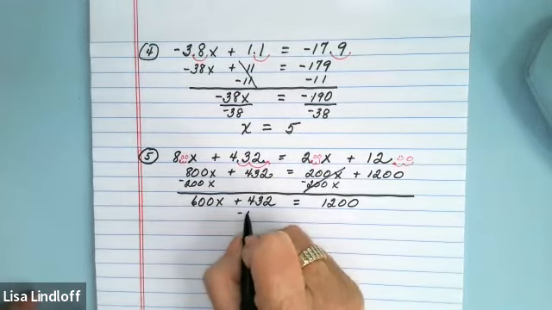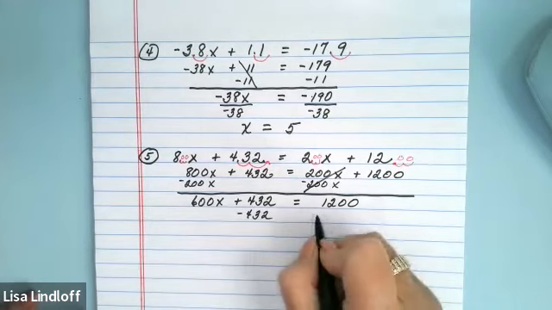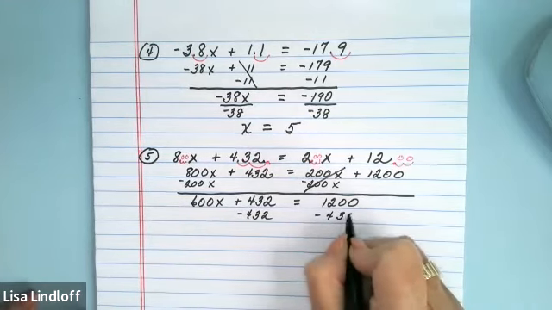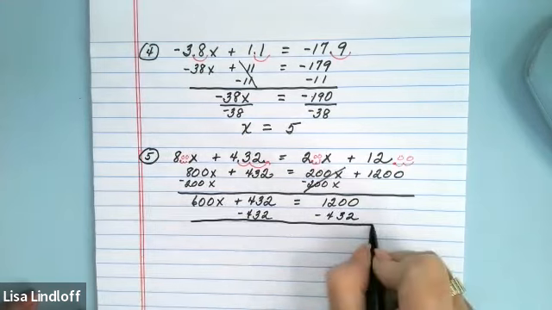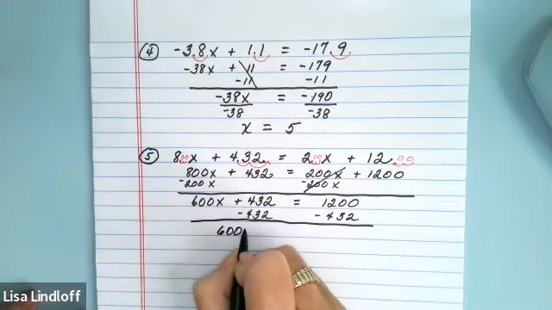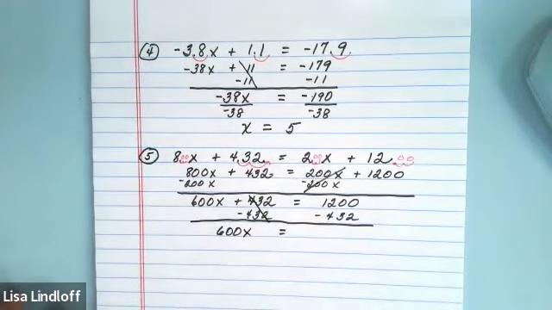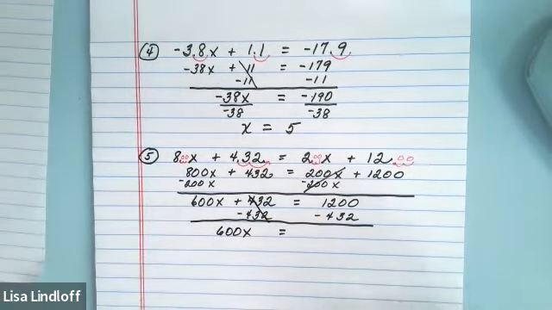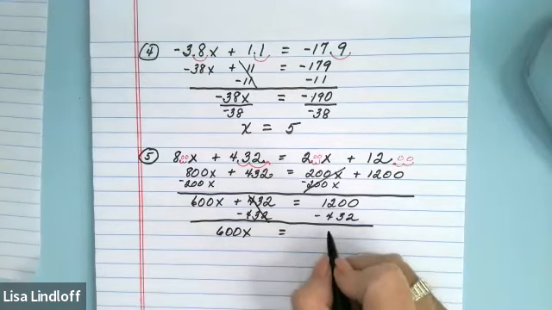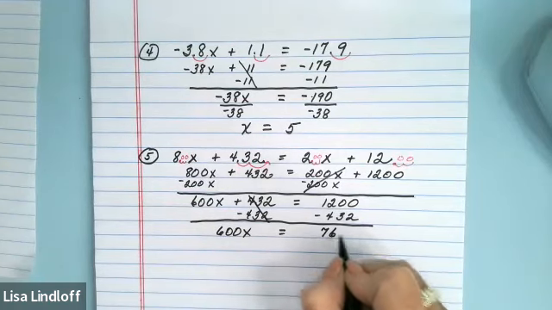I will subtract 432 from both sides. I get 600x, that's gone to 0, equals, when I subtract this, I get 768.